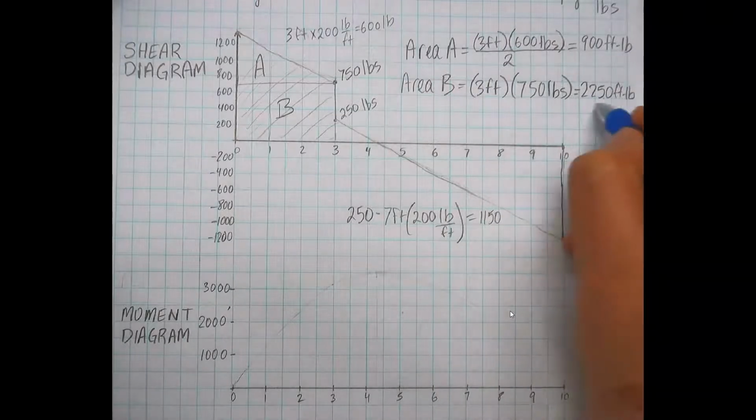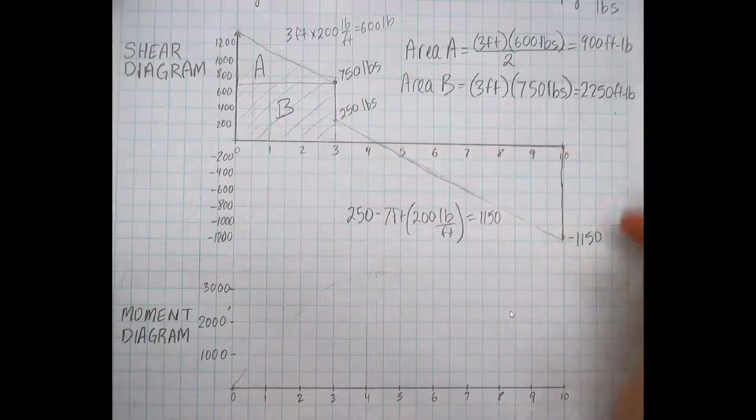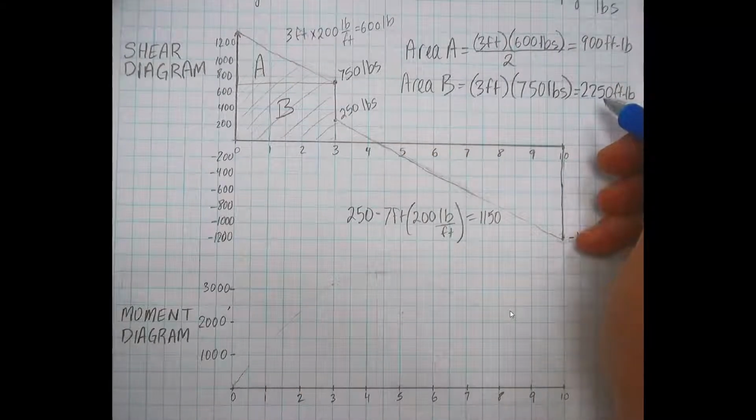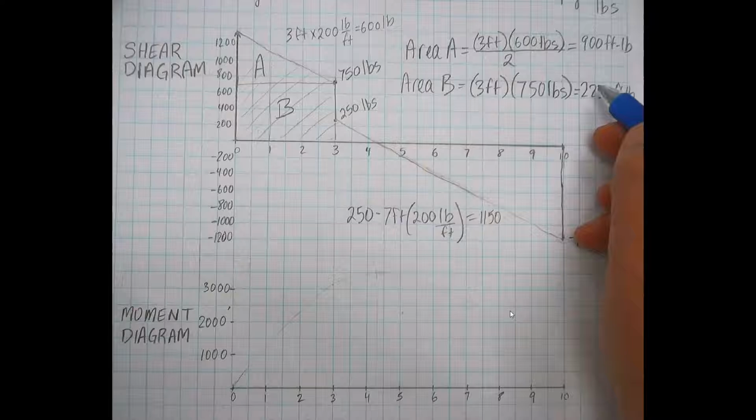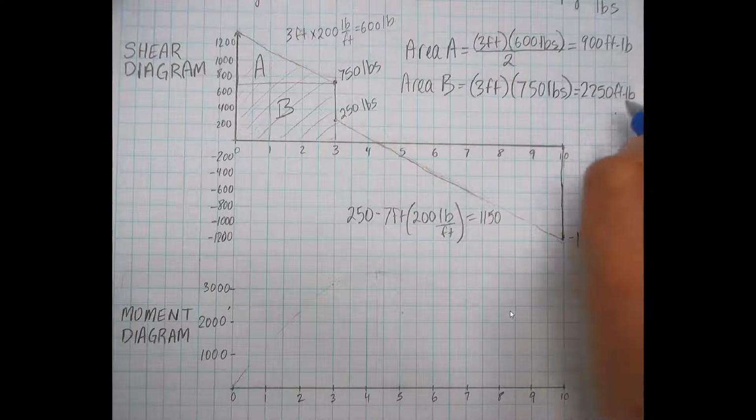And we add those together, and for area A plus B, it will be 3150.